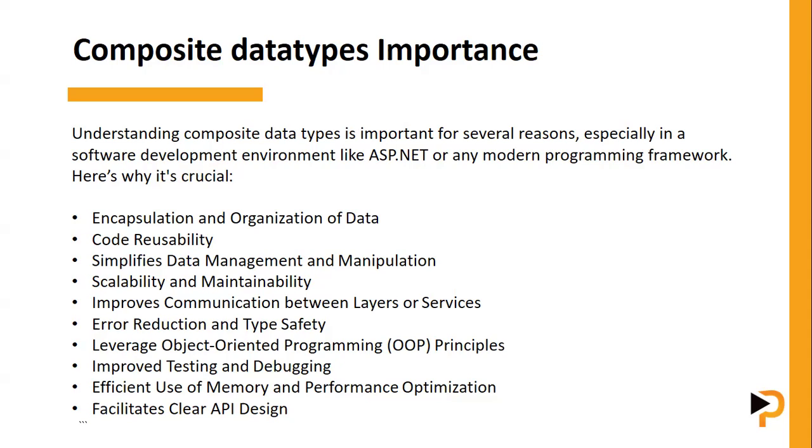We are using encapsulation and supporting that. It also improves testing and debugging, since you can test the whole thing at a time, then efficient use of memory and performance optimization, and it facilitates clear API design.